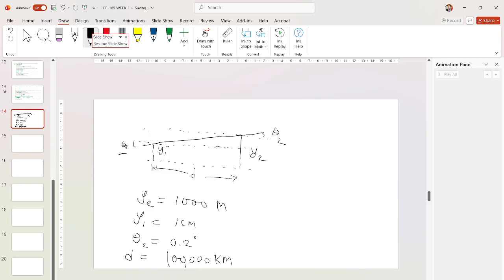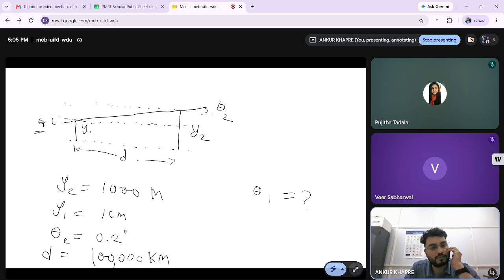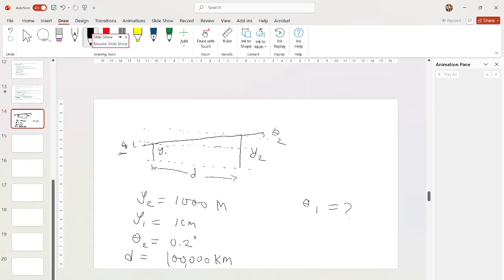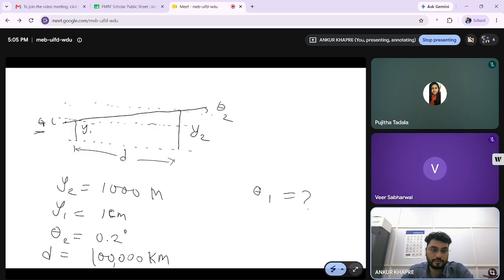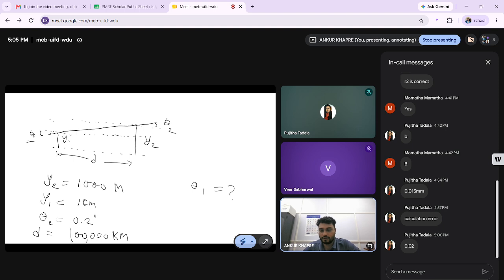Can you answer this one? What could be theta 1? This is in centimeter. Try to solve it. What could be the answer?